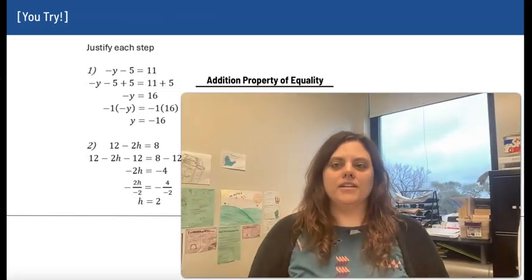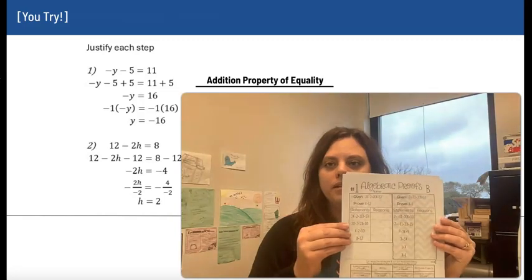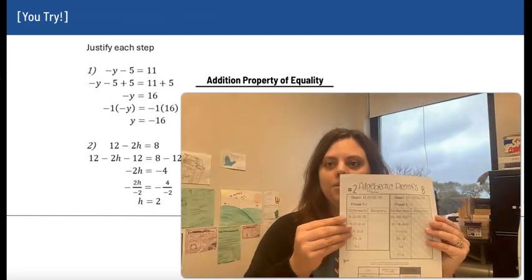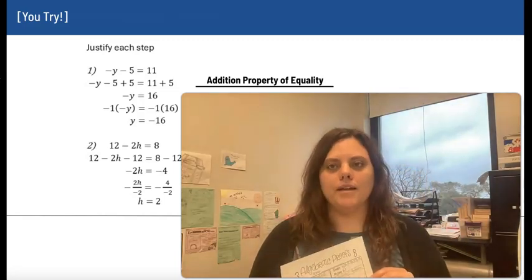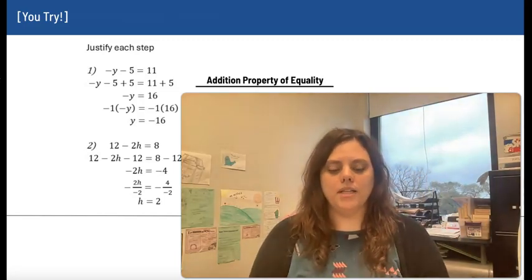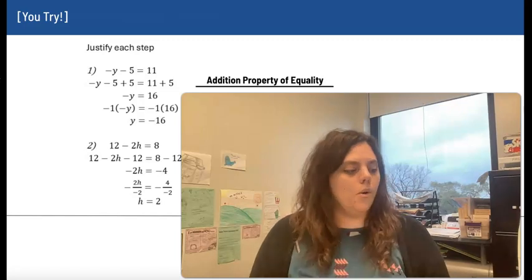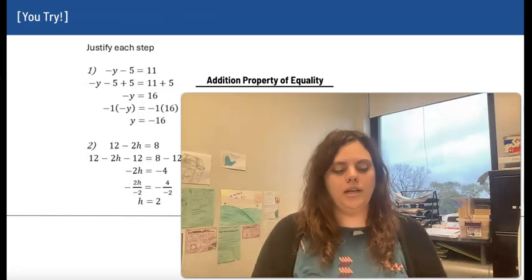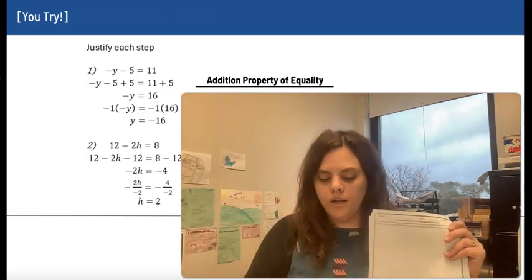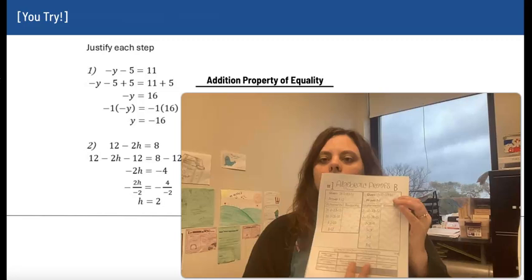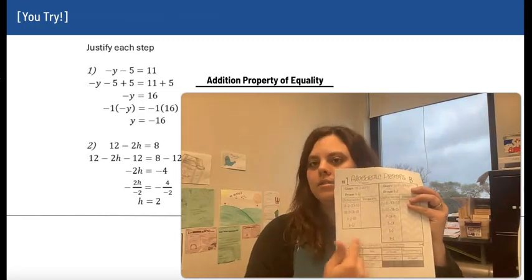Your next steps are going to be to grab either 1, 2, or 3 from the hanging folders in the back by the Resource Center to complete as your activity. You only need to do one of them, and when you open up your packet to the practice page, whichever one you pick, you're going to cut it out.